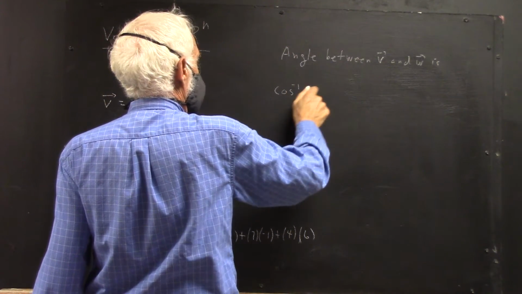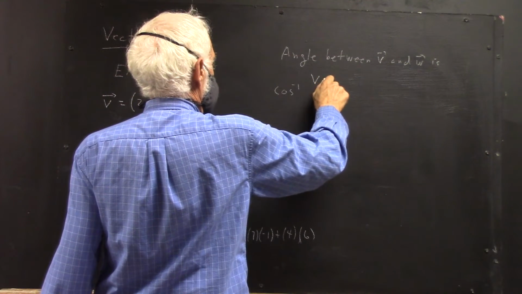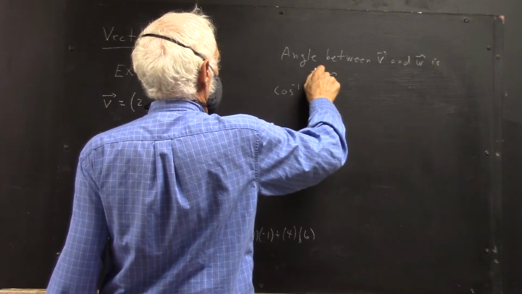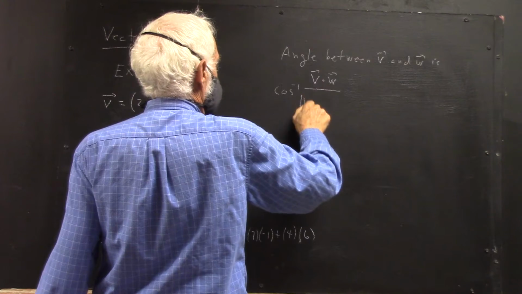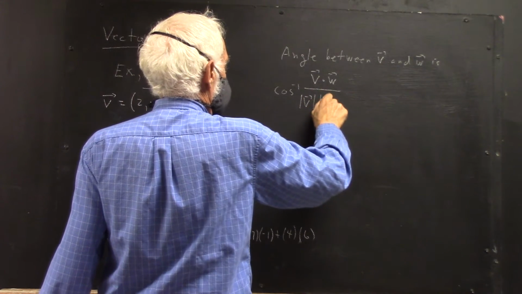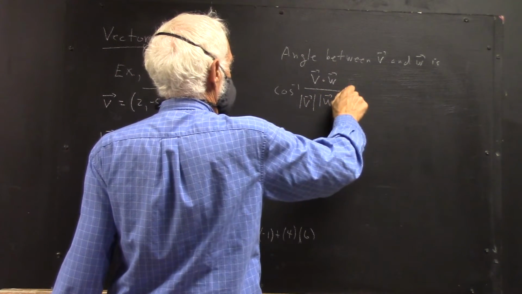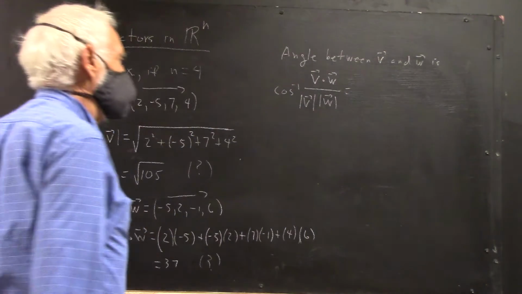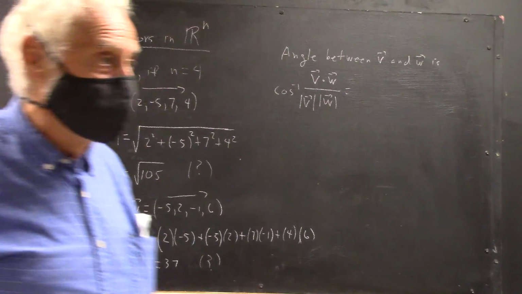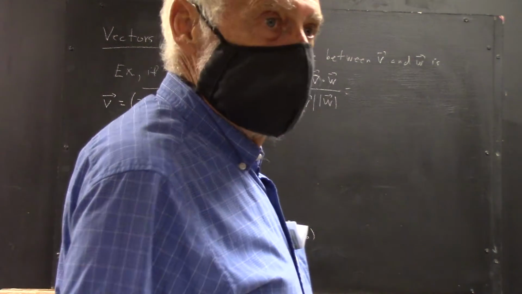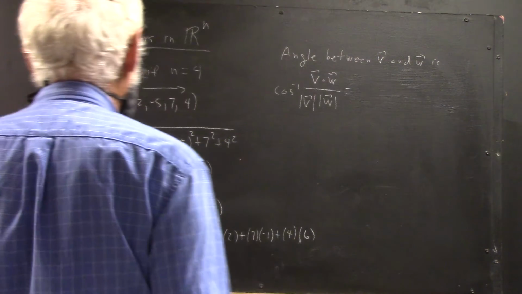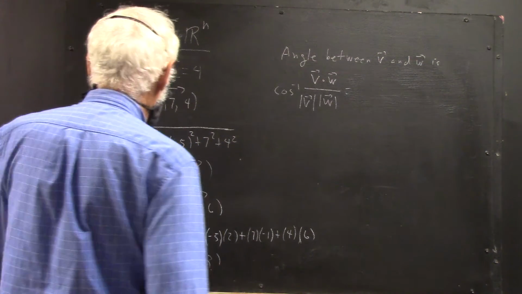It's the inverse cosine of V dot W over the magnitude of V times the magnitude of W. Now I'm actually going to attempt to estimate this based on my unreliable mental arithmetic. The magnitude of V we found is the square root of 105.